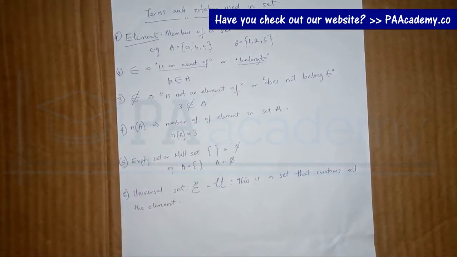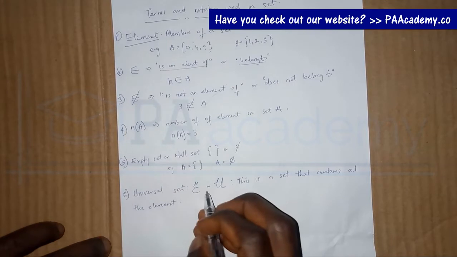What it means is that a universal set has all the elements of any other subsets that are under it. So this is what I'm talking about.